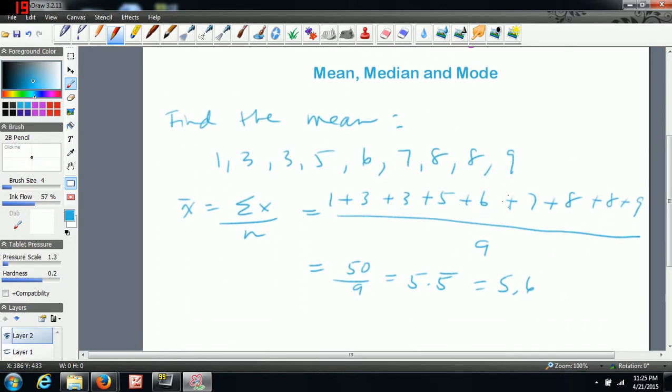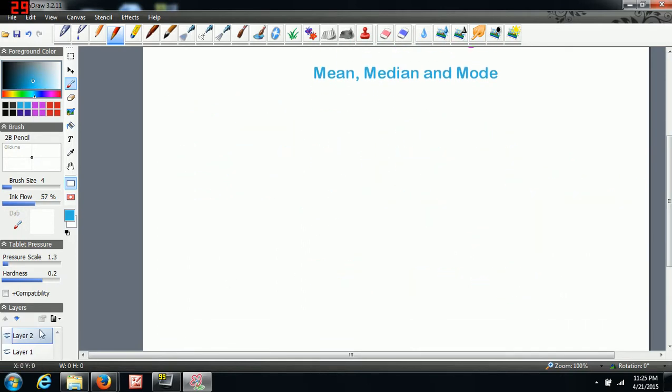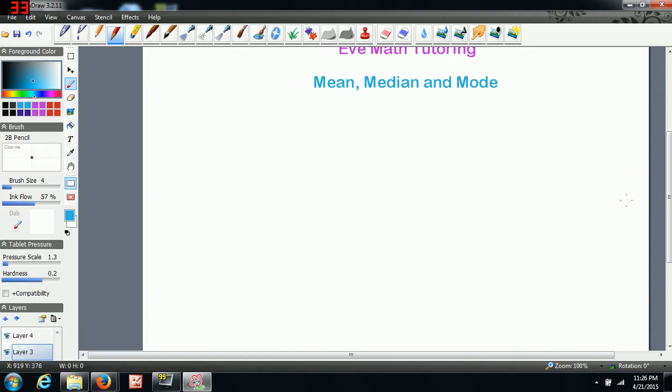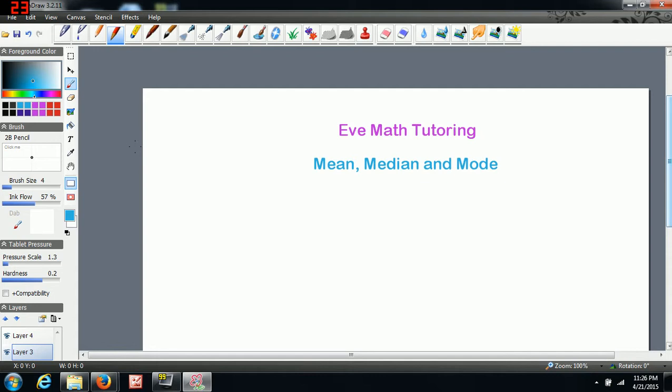Now let's take a look at median. The median is the middle value. Usually these types of things are used in statistics, the middle value of data. And sometimes this is the symbol that we use, x tilde.